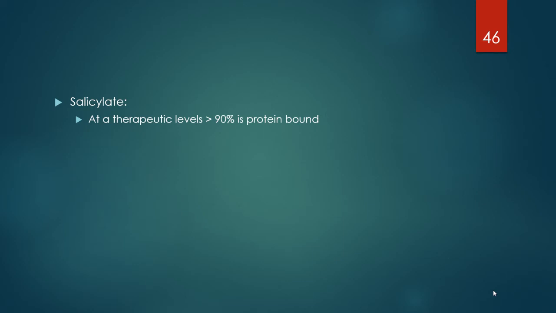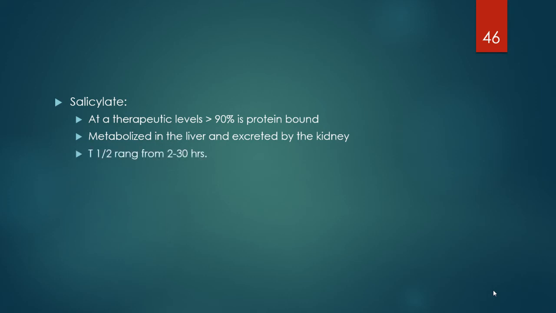So at a therapeutic level, more than 90% of this medication is protein bound. It is metabolized in the liver and excreted by the kidneys, with a half-life ranging from 2 hours to 30 hours.